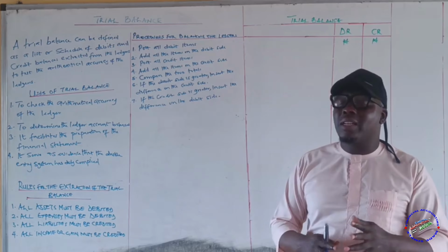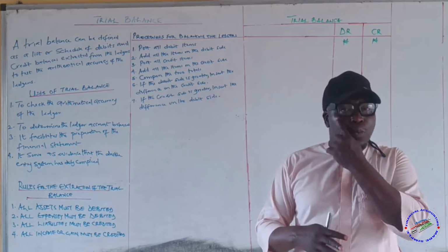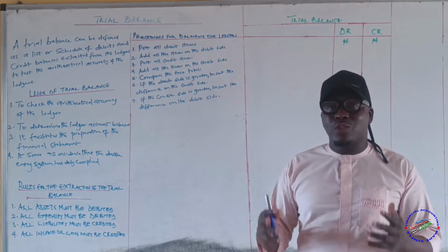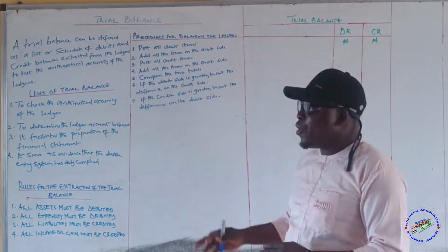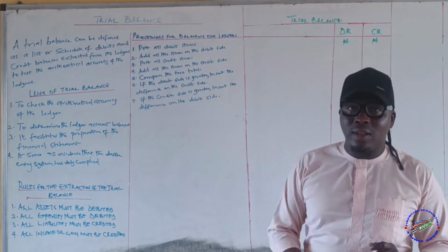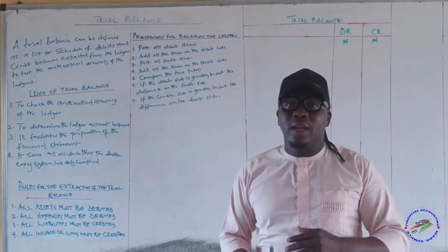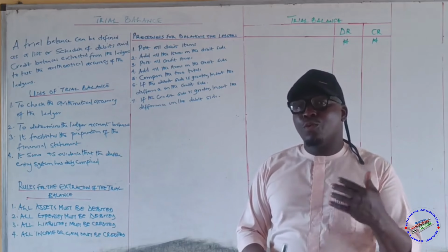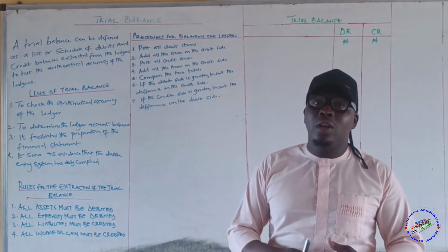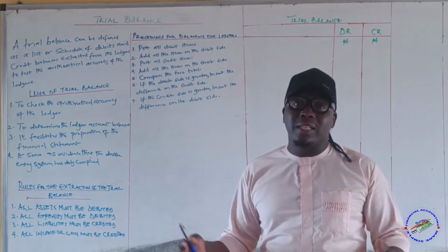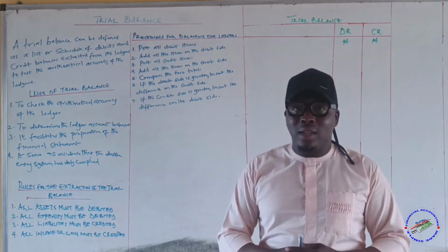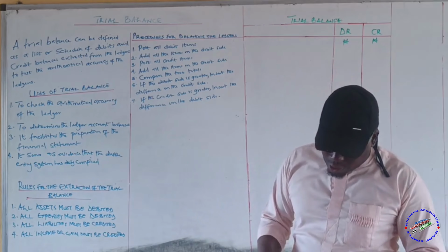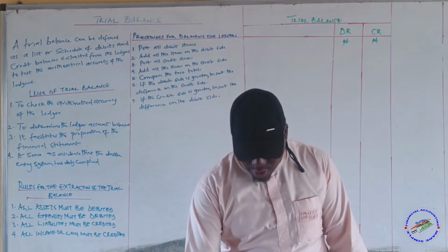So after preparing different subsidiary books, you post to the ledger and you extract the trial balance. We are going to be looking at a question using the first method. In our subsequent videos, we will be looking at the second method, where we prepare different subsidiary books, post to the ledger, and extract the trial balance. So we are going to be looking at this question.